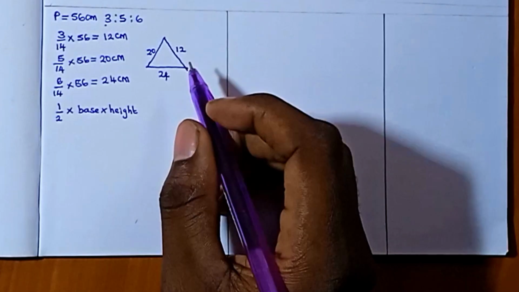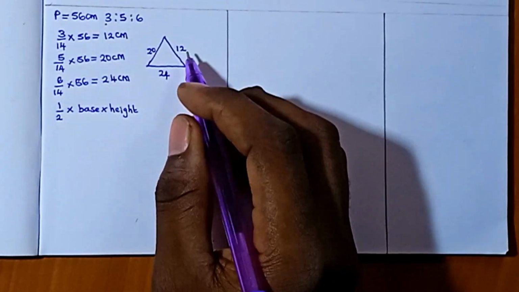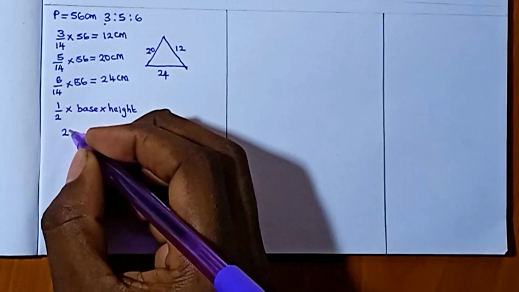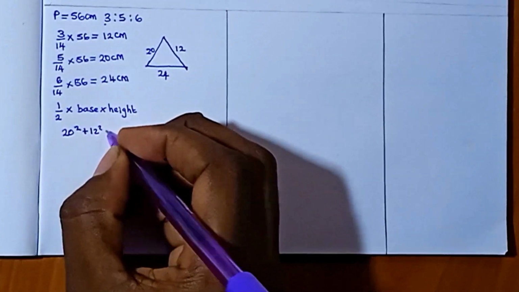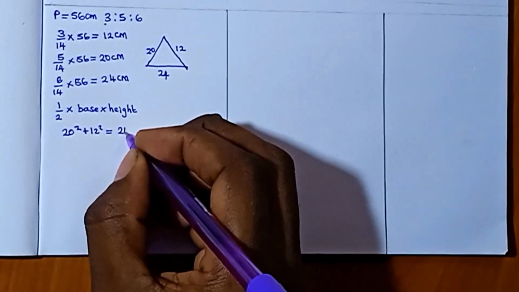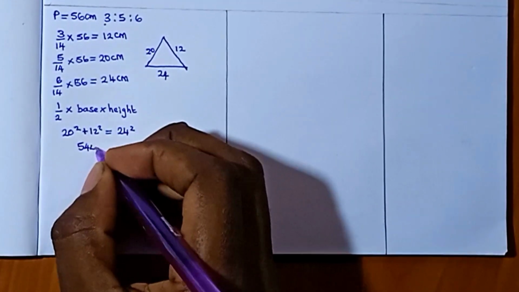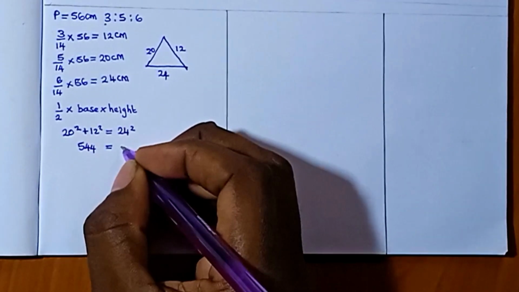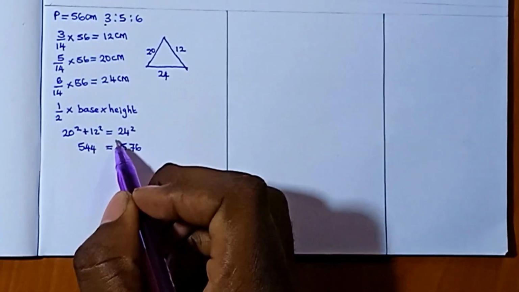But in this case, we can check if it is a right angle. So we can have 20 squared plus 12 squared should equal 24 squared. In this case, we have 544 equals 576, which is not the case.